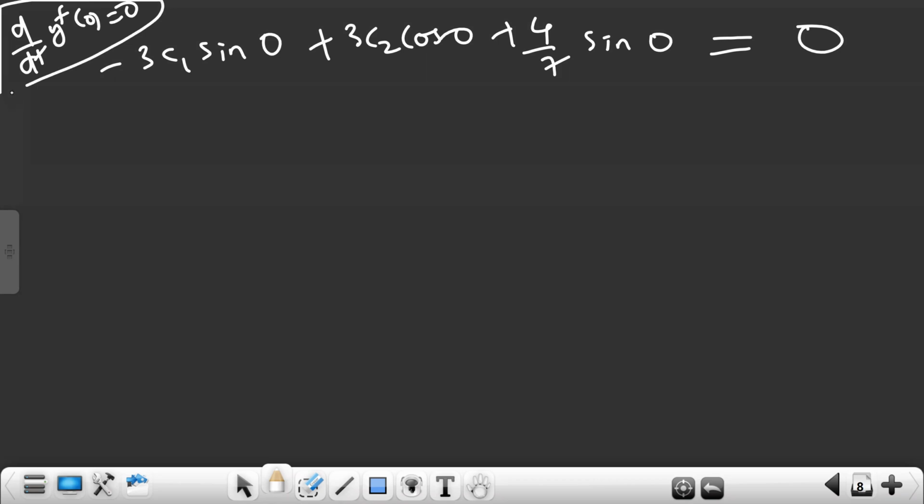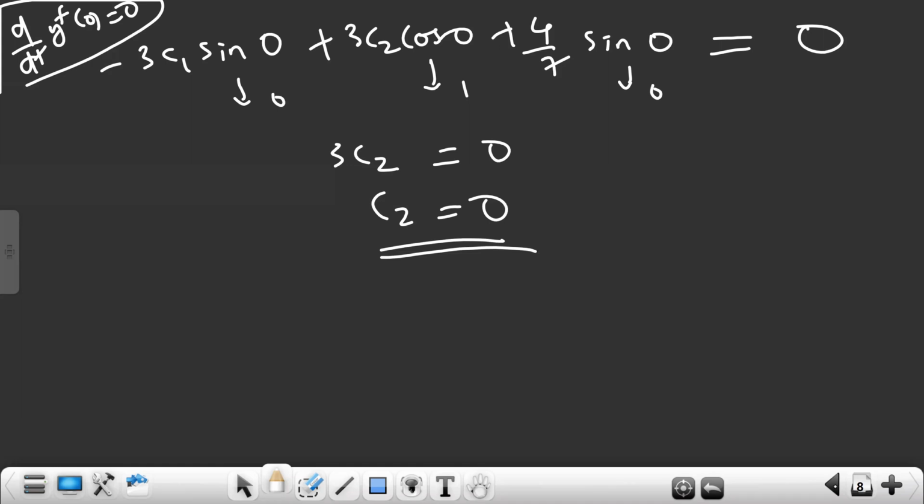Since this is a forced response, we will take all the initial conditions as 0. And why are we going for the second initial condition? Because we need to find one more coefficient C2. So for that, we need to apply two initial conditions. But the initial conditions are 0. Sin 0 is 0, cos 0 is 1. Again, sin 0 is 0. So your equation will become 3C2 equal to 0. From this, C2 will be 0.